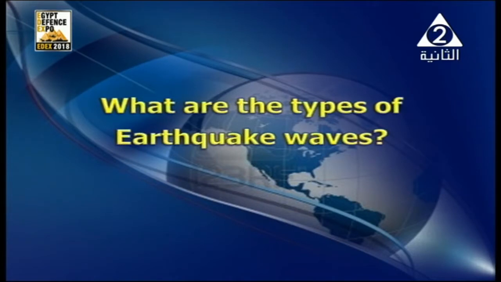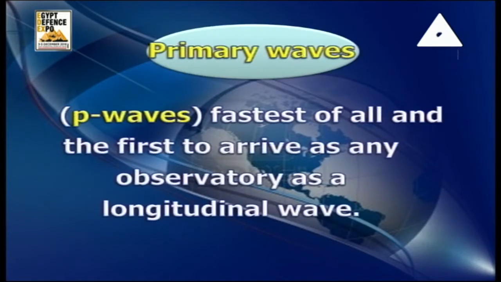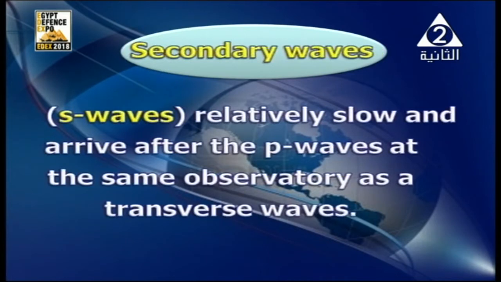What are the types of earthquake waves? There are 3 types, each of which has its own velocity and mode of oscillation. First, we have the primary waves, which are the fastest of all and the first to arrive at any observatory, as longitudinal waves. Secondary waves, which are S waves, are relatively slow and arrive after the P waves at the same observatory, as transverse waves.